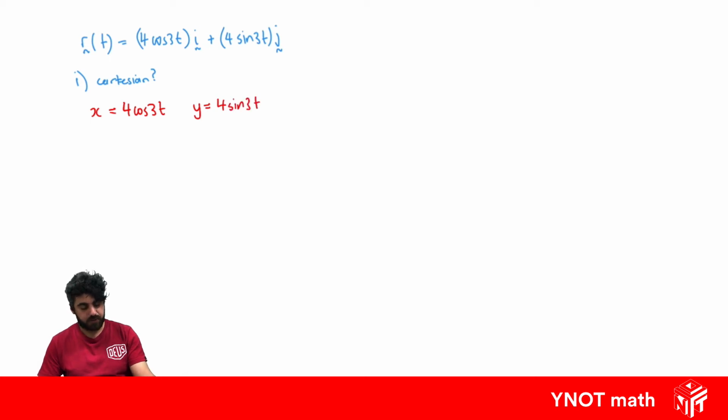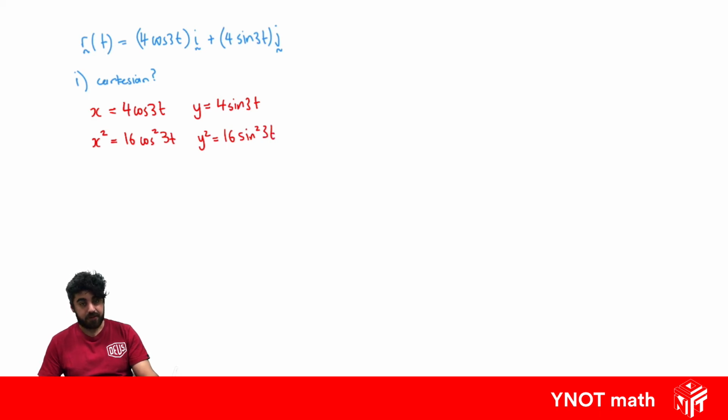We need to eliminate this parameter t. Usually if you have two trig functions, the best thing to do is to square both sides, so we'll do that in both equations. So I have x squared equals 16 cos squared 3t, and we'll have y squared equals 16 sine squared 3t.